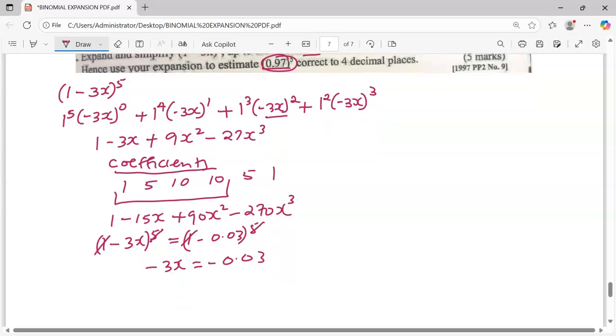And if you want to get the value of x, we are going to divide both sides by negative 3, giving us x as 0.01.